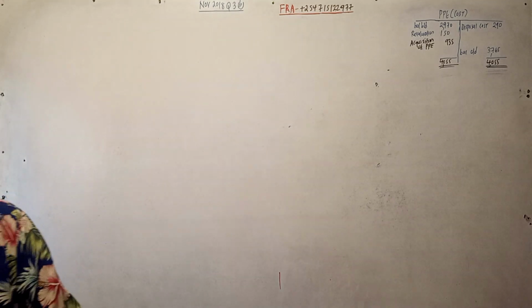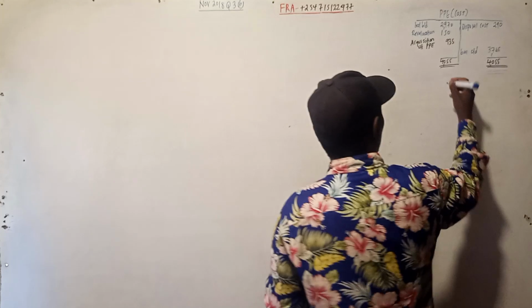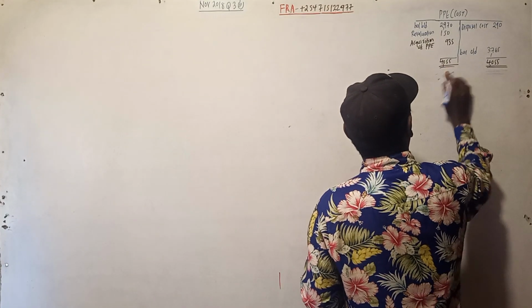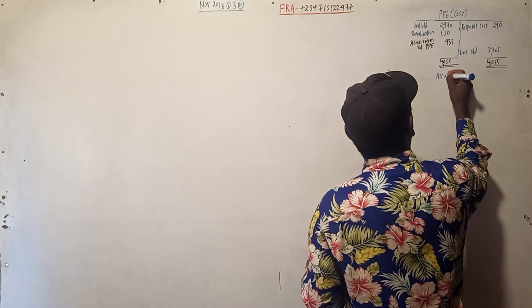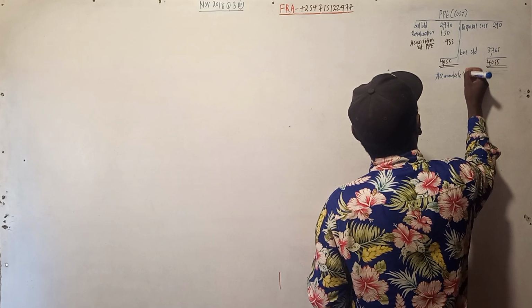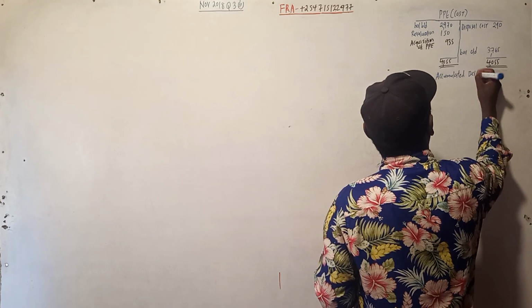We need to determine the depreciation for the year because we have not been provided. So depreciation for the year. So we prepare the accumulated depreciation account.